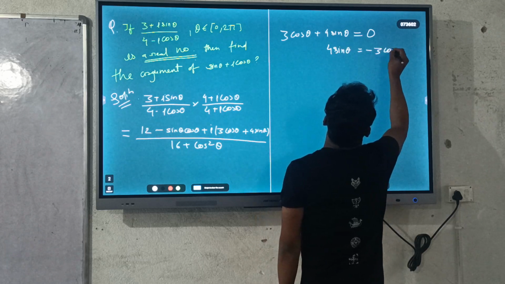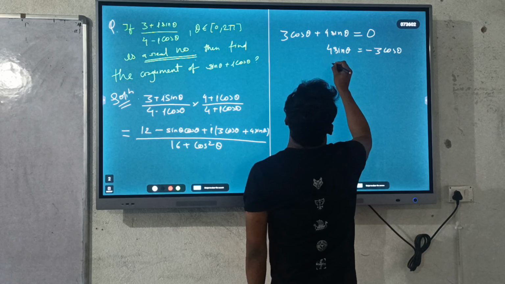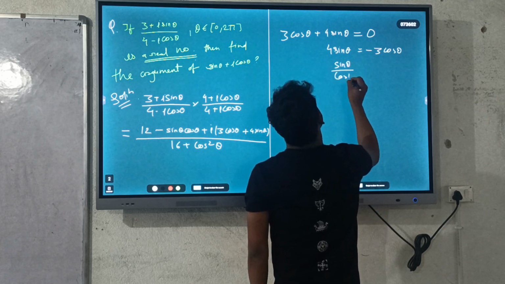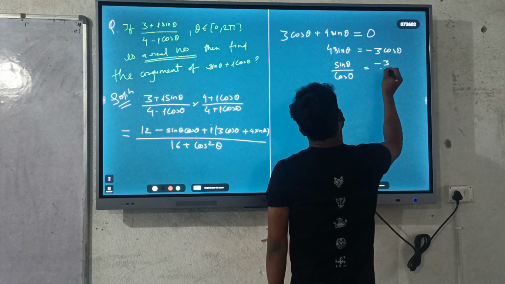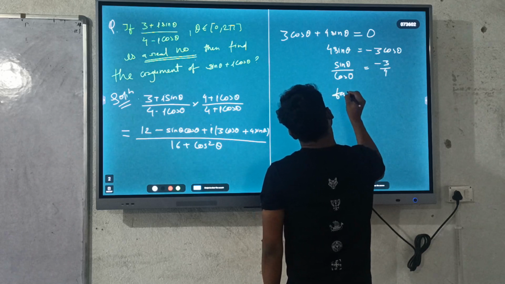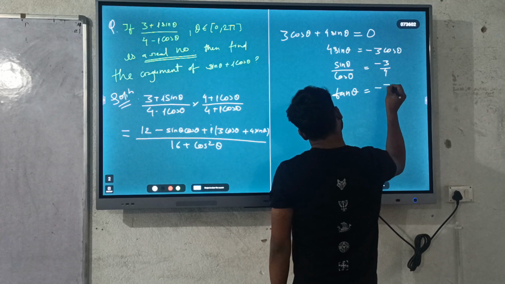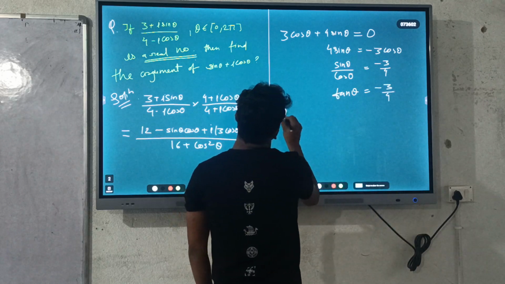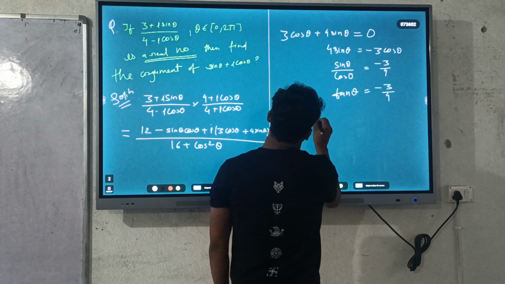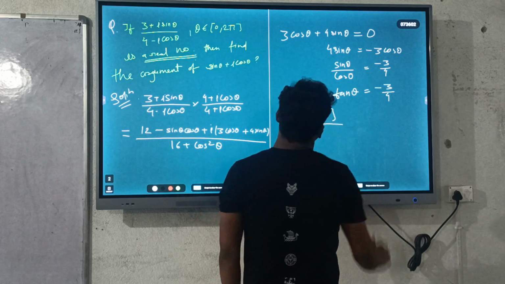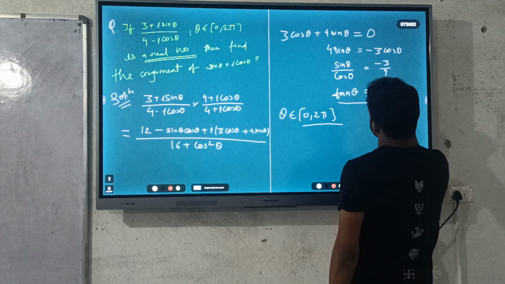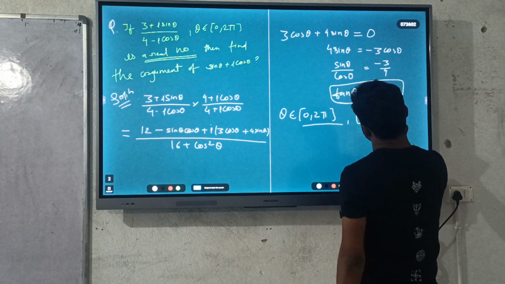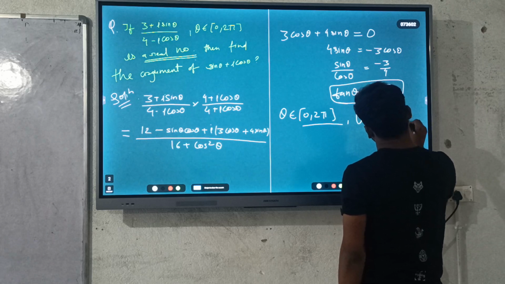Minus 3 cos theta. Now theta lies in 0 to 2 pi, it's given in the question, and this expression shows that theta is in the second quadrant.